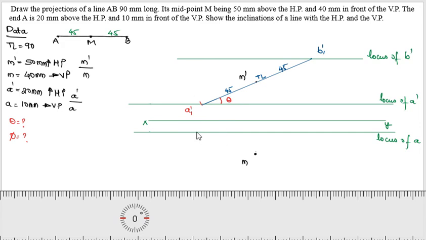Now let us draw the true length in top view. Same procedure you have to follow. Take 45 millimeter in compass from point M, cut an arc somewhere here. This point will be named as A2. Connect it.